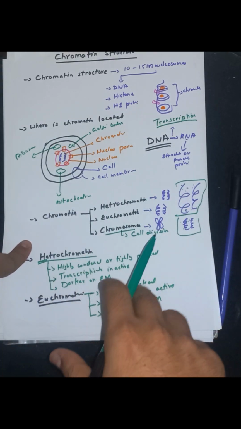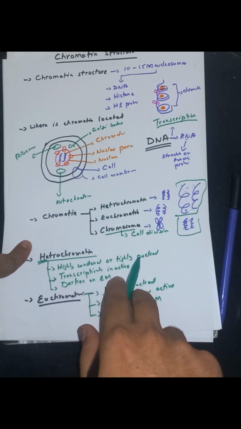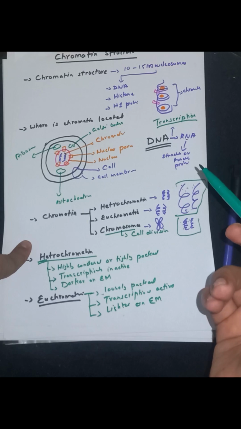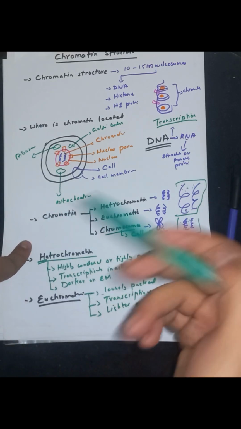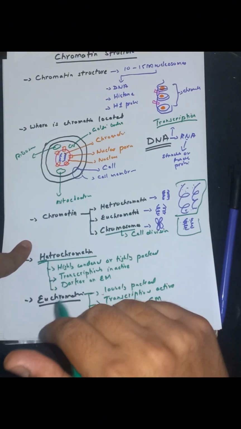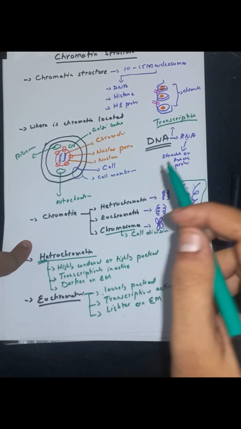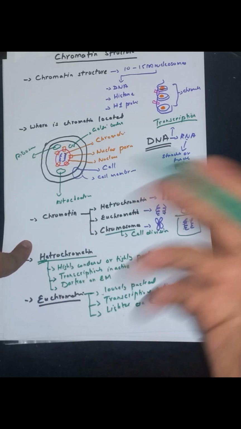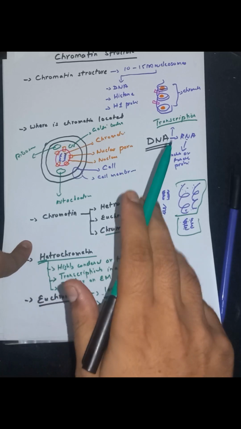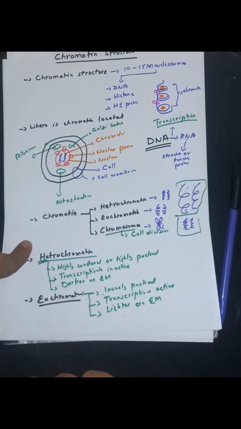If only DNA is methylated, then still it will be tight, and if histone is also methylated, then still it will be condensed, and if both are methylated, then it will still be condensed. Okay, so transcription will not occur, and it will appear darker on electron microscope.